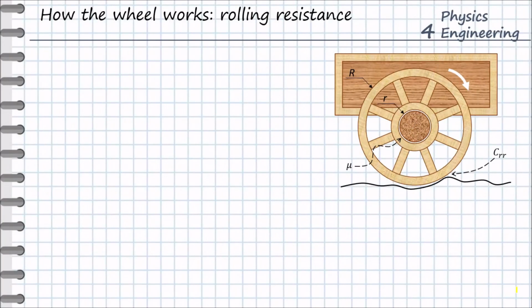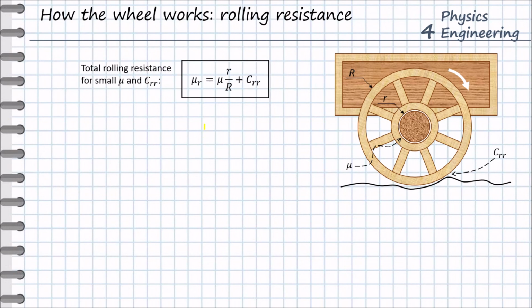So let us summarize what we have. The outcome of this video is the following. If we have a wheel which has a geometry of R capital as the outer radius and R small as the inner radius in the contact between shaft and wheel, if we have a sliding friction between the shaft and the wheel, and we have also the rolling resistance coefficient, which is CRR, between the wheel and road, then the complete rolling resistance of the wheel can be defined by the following formula.